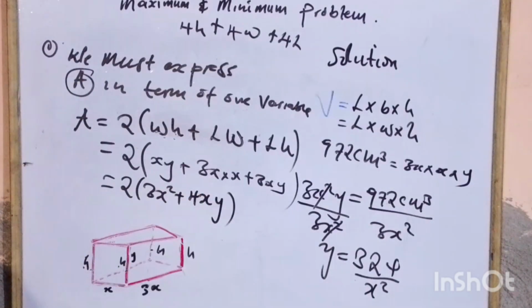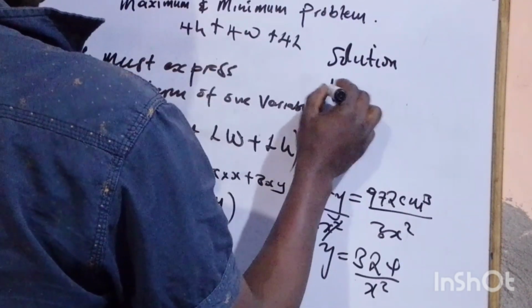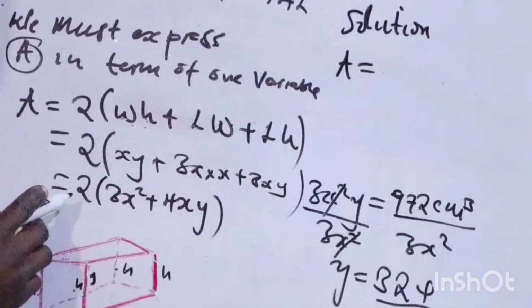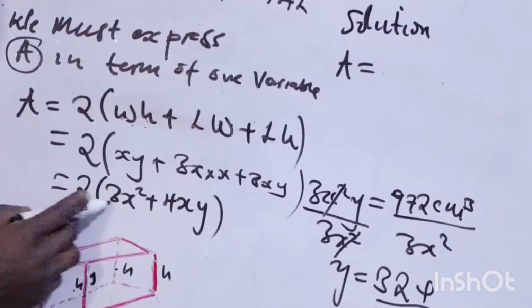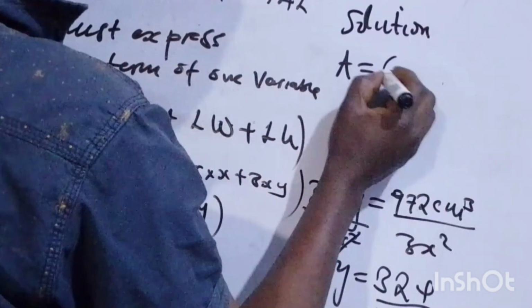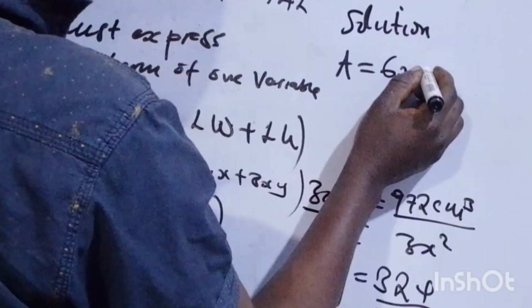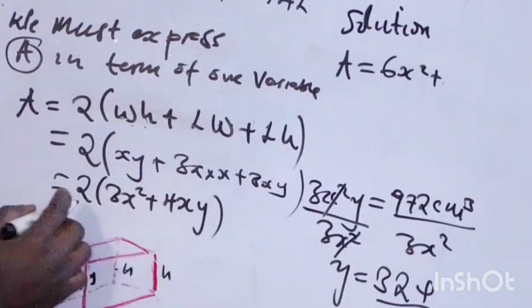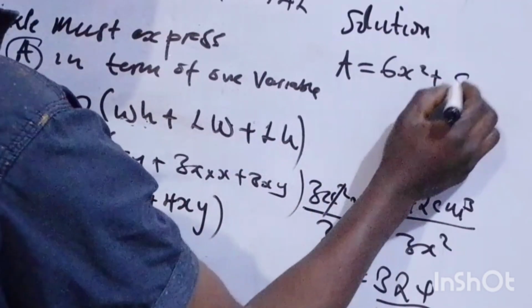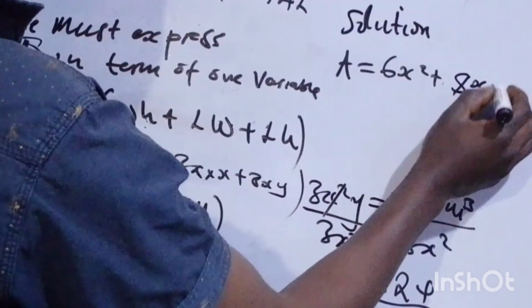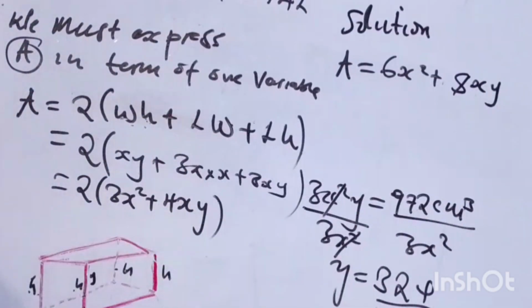So area equals, when you multiply 2 times 3x squared, you are going to have 6x squared, and plus 2 times 4xy, you are going to have 8xy.